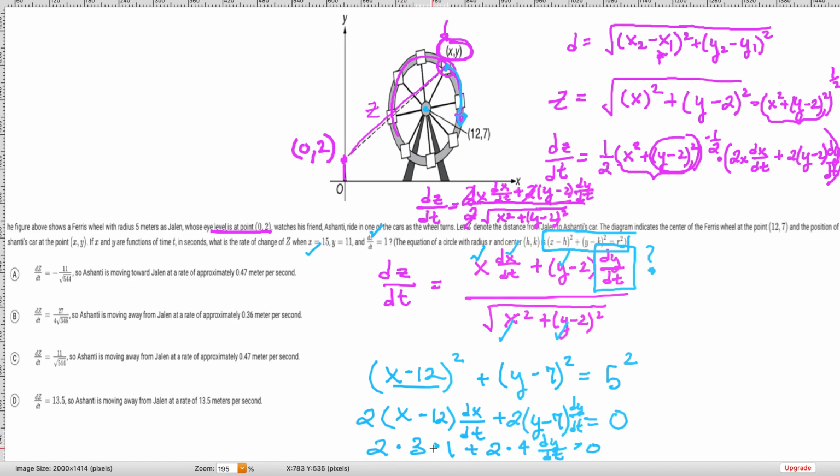And this is going to give me 6 plus 8 dy/dt equals 0. Take your time. When I solve for dy/dt, it gives me negative 3/4 for dy/dt.